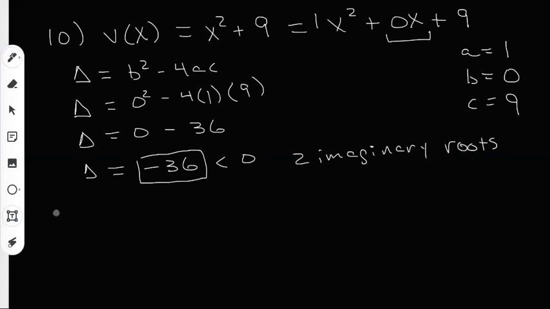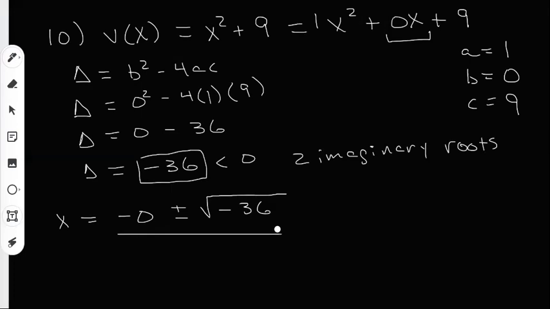So we do that. We need x equals negative b, that's going to be negative 0, plus or minus the square root of b squared minus 4ac, which is just going to be negative 36. And then everything is going to be divided by 2 times a, where a is 1.